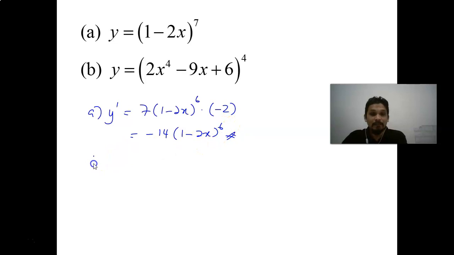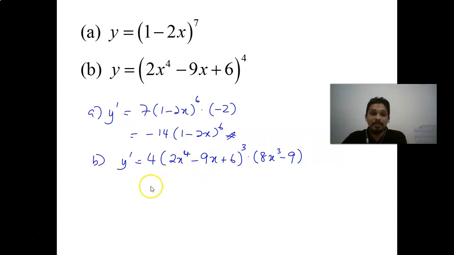Next, for b, y prime equals 4 times (2x to the power of 4 minus 9x plus 6), 4 minus 1 equals 3, multiplied with the derivative: 4 times 2 equals 8x cubed minus 9.